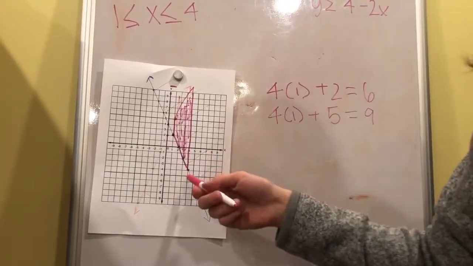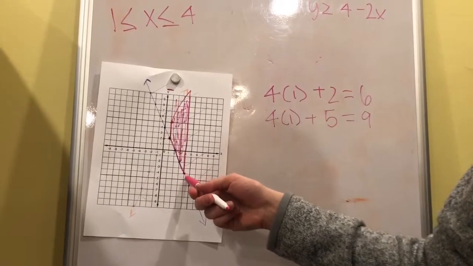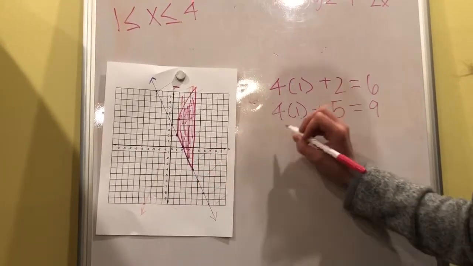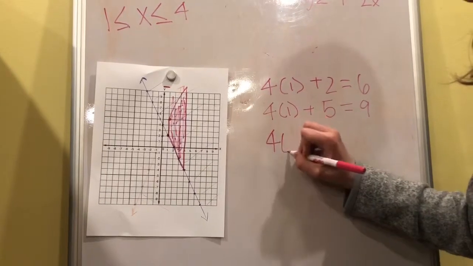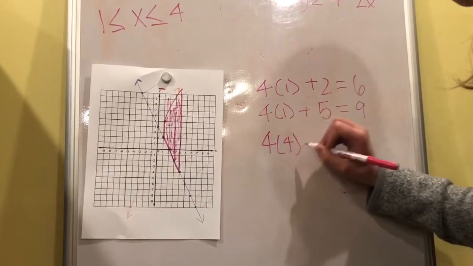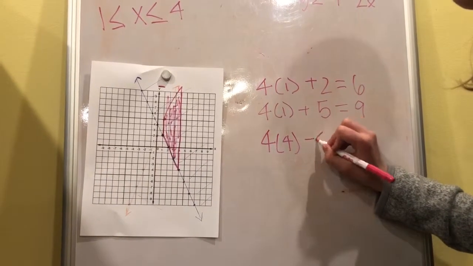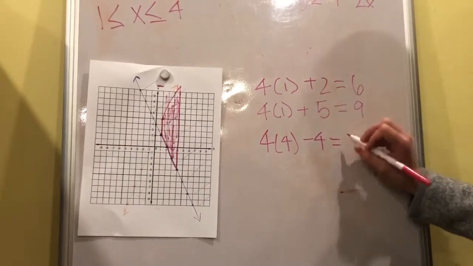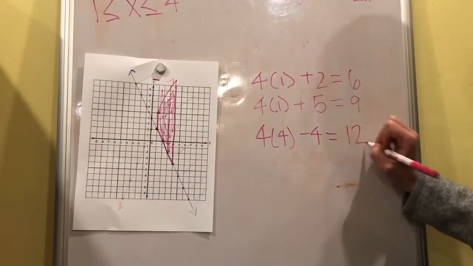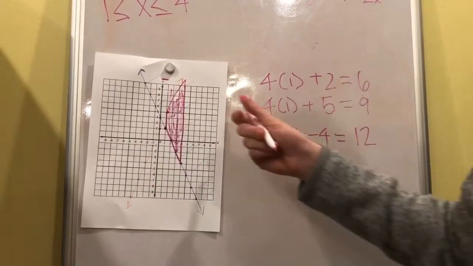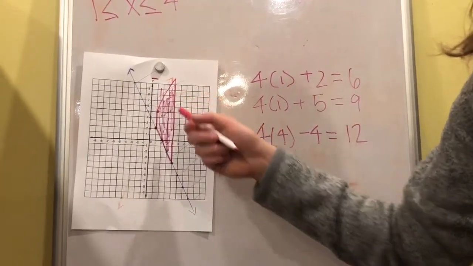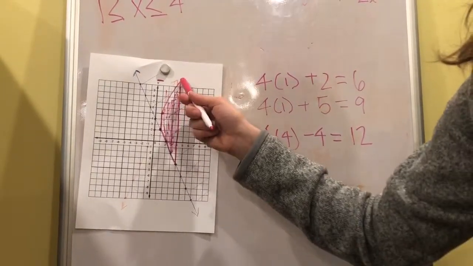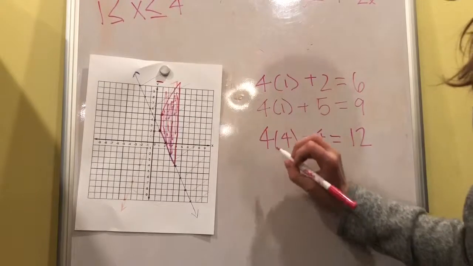Then you go here to 4 and negative 4. So you do 4 times 4 minus 4, which is 12. Then you do your last point, which is the x value of 4, the y value of 11.